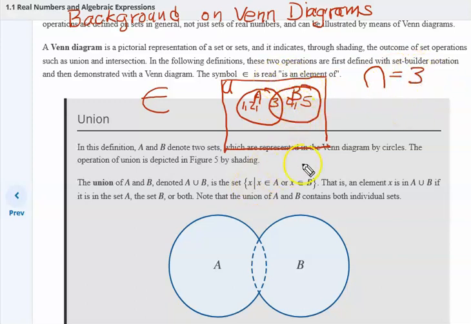Another symbol they're introducing here is union, which looks like a U. And here the union of these two sets would be all of the elements: 1, 2, 3, 4, 5. And generally we put that in roster notation. And that's what they're describing here. So a shortened view and review of this.